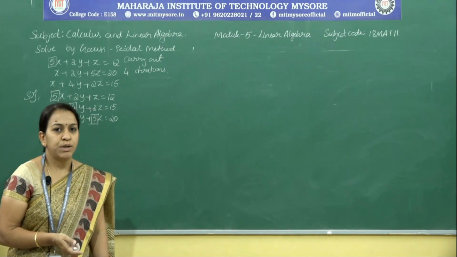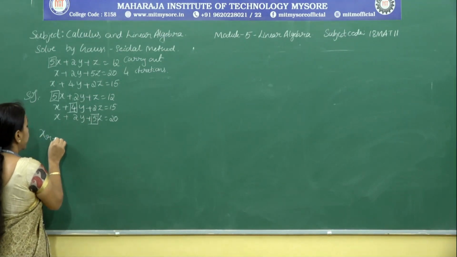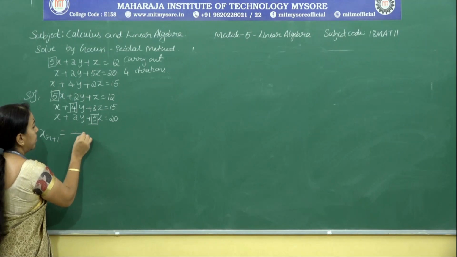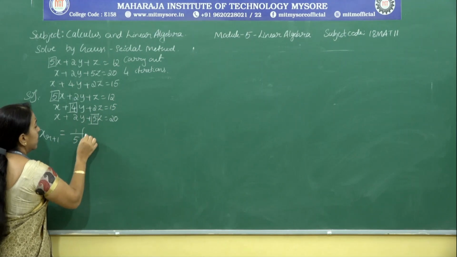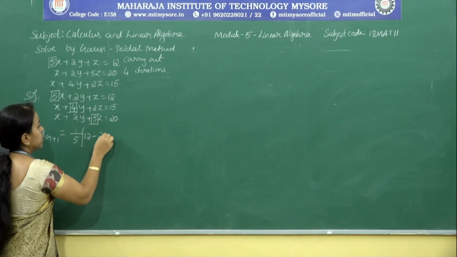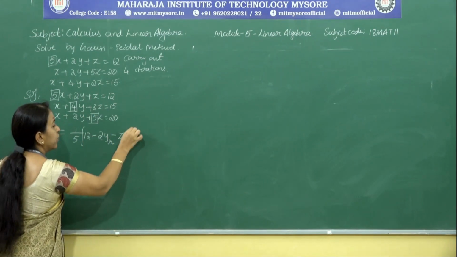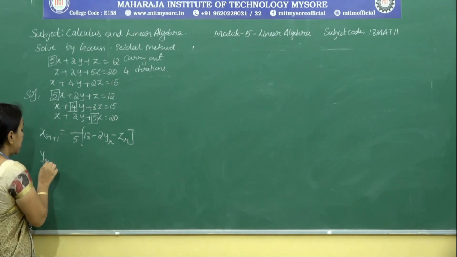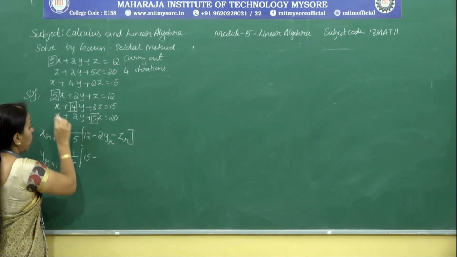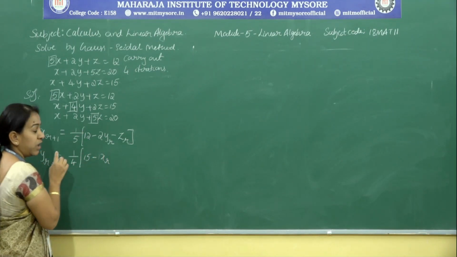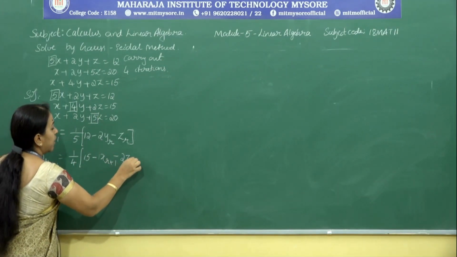Okay. Now with the usual method, construct your x, y, z formulas, that is x(r+1) equal to 1 by the diagonally dominant element, 1 by 5 into 12 minus 2 times y(r) minus the coefficient of z, which is 1, times z(r). The next equation, y(r+1) is 1 by 4 into 15 minus 1 times x(r+1) minus 2 times z(r).